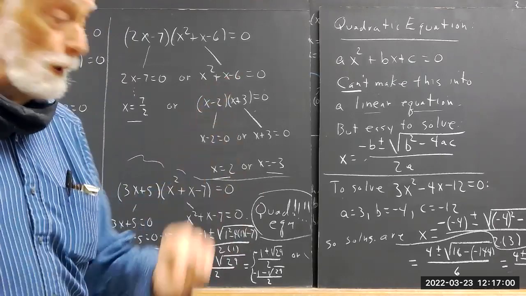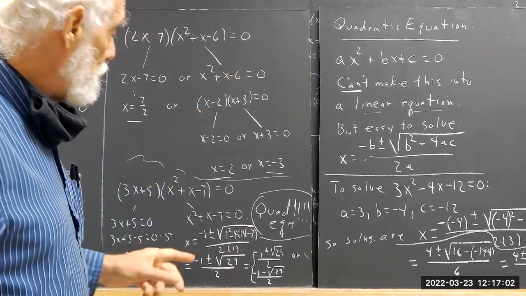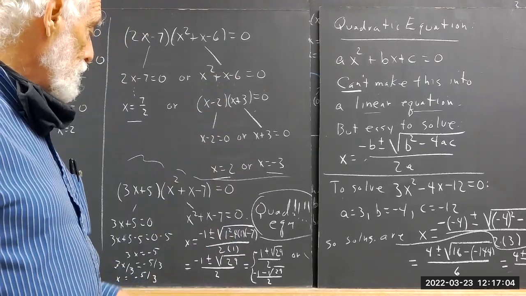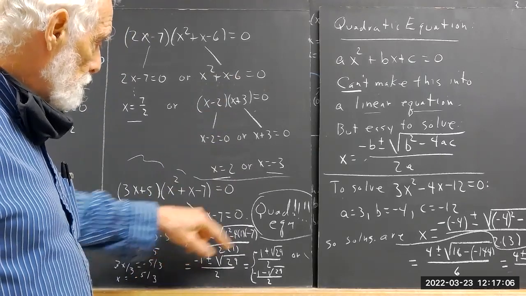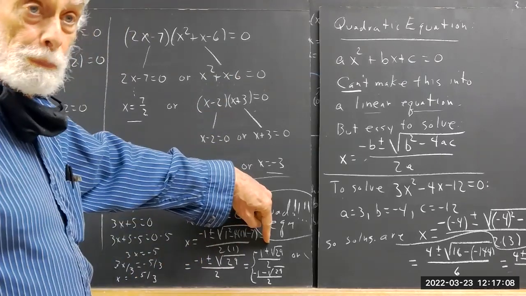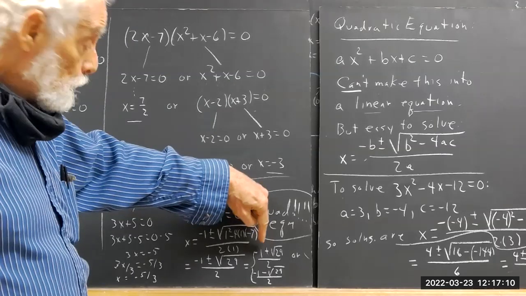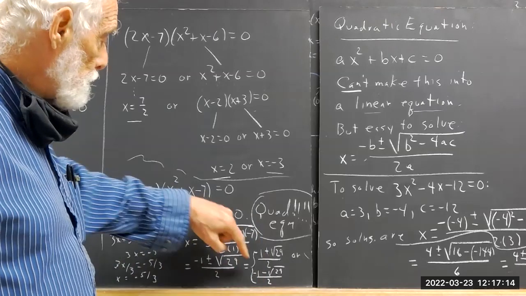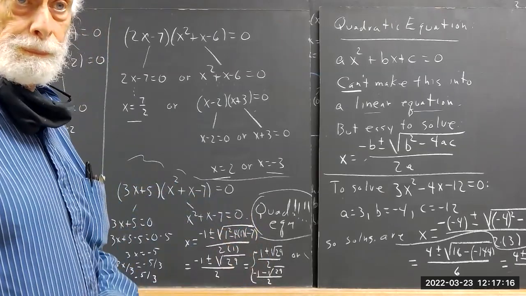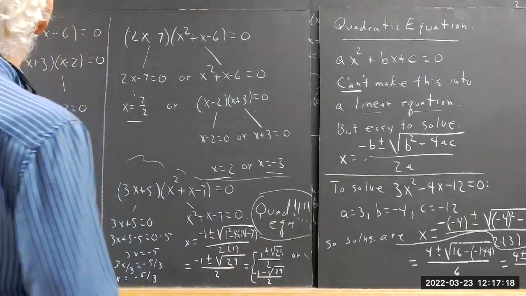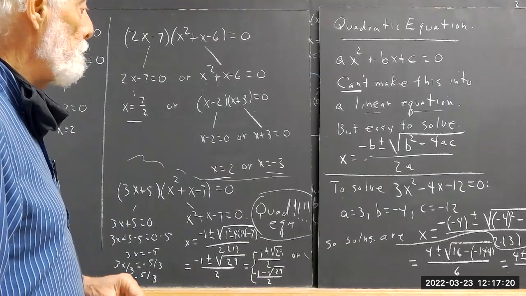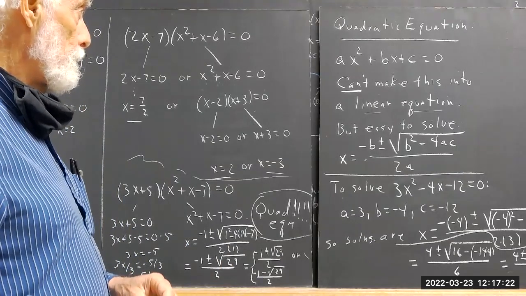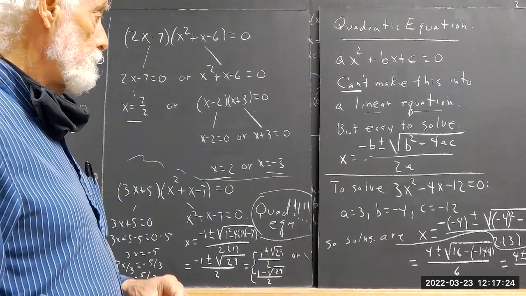Now you ask about the plus or minus, it means plus or minus. So you have one solution for the plus, that's this one: -1 plus the square root of 29 over 2. And the minus: -1 minus the square root of 29 over 2. Okay.